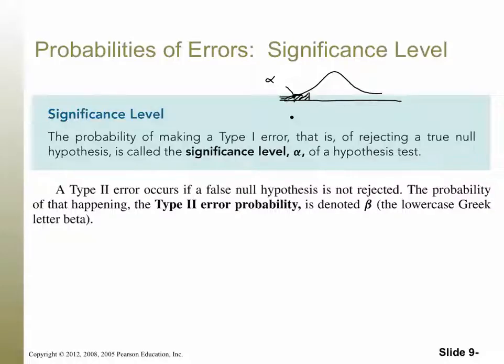So that area is also the probability of making a type 1 error. We should not reject, but we did. So it's the probability of making a type 1 error.